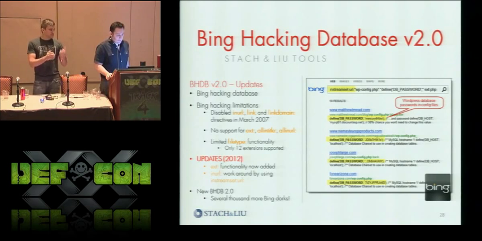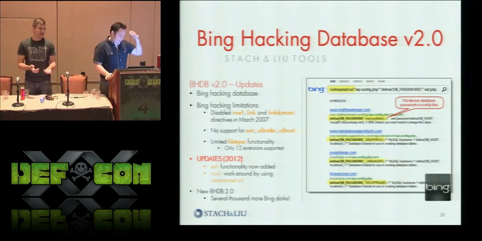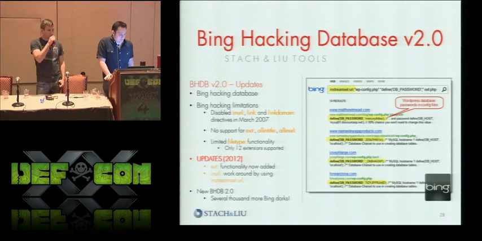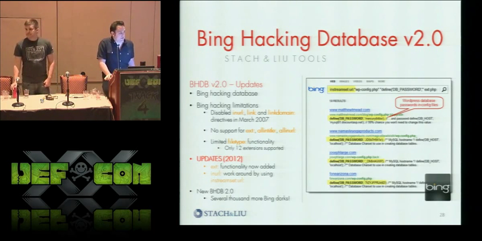We found that using that instreamset url, which is just kind of a footnote in their documentation that we came across, we can revive Bing hacking and make it, as Fran said, just as viable as Google hacking. And we see in this screenshot this instreamset url and wp-config, and you see up there a number of results of people with their WordPress configurations with their database passwords right there in the configuration file. This is a type of query that we would not have been able to do with Bing before now.